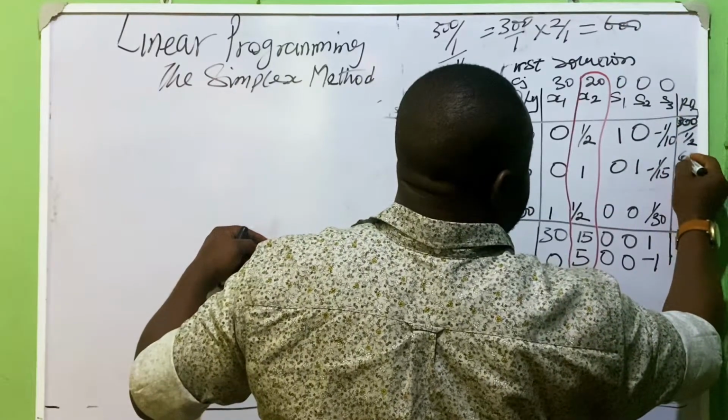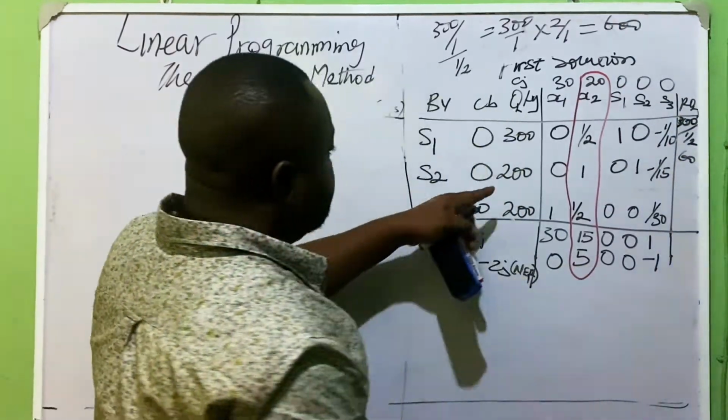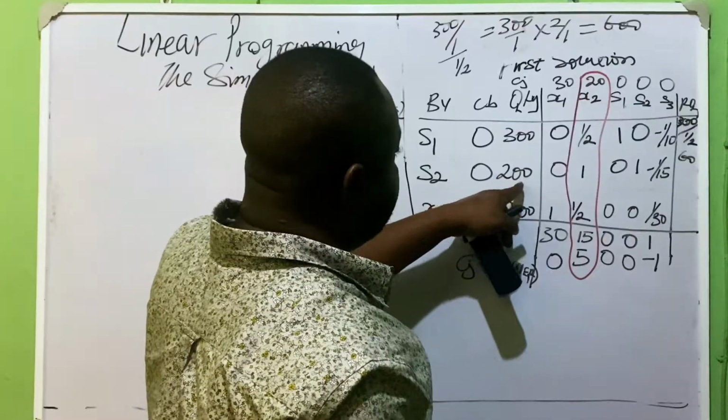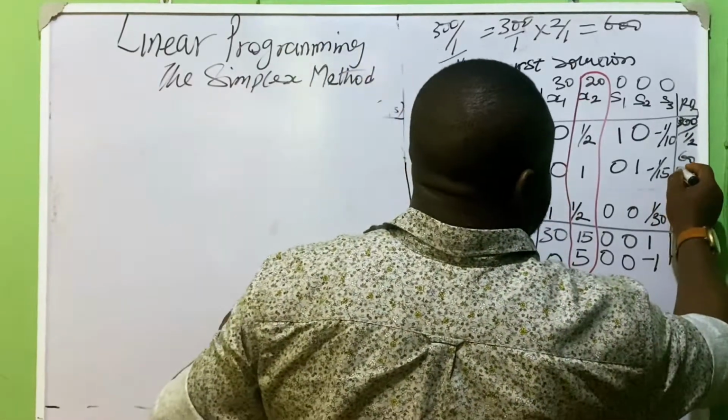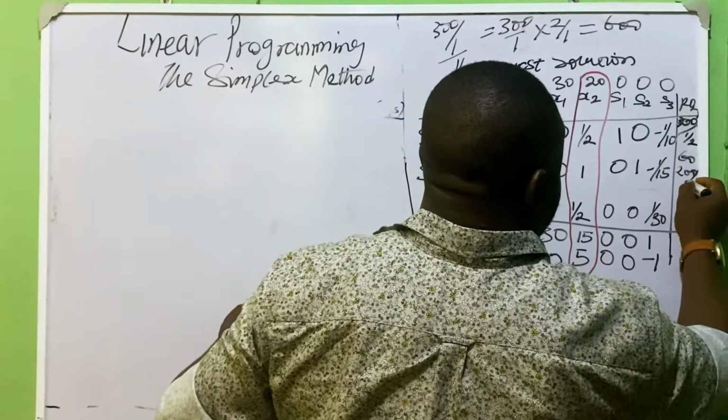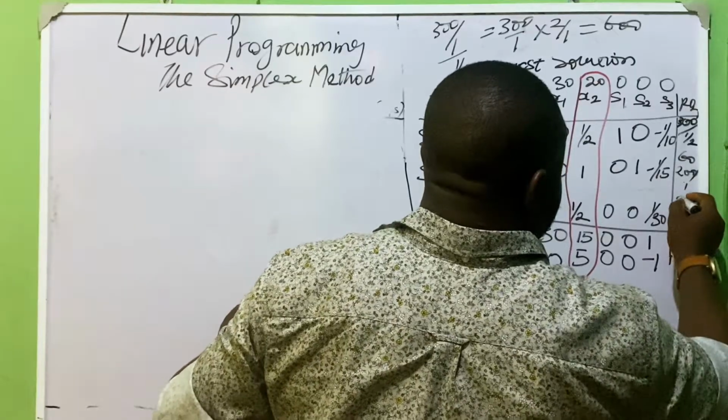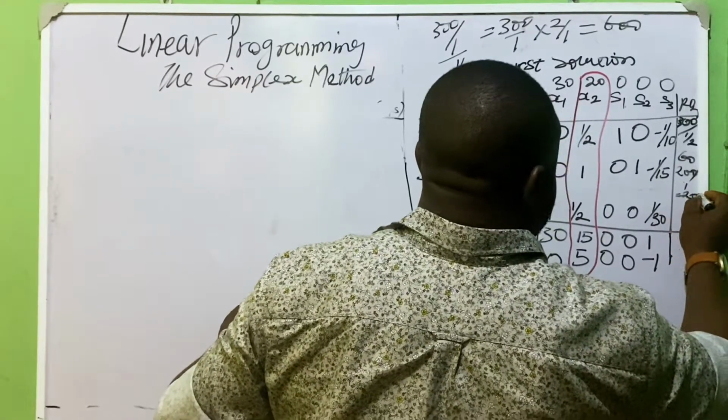So here we have 600. And the next one for S2 is 200 divided by 1, which is 200/1, which means we're going to have 200.